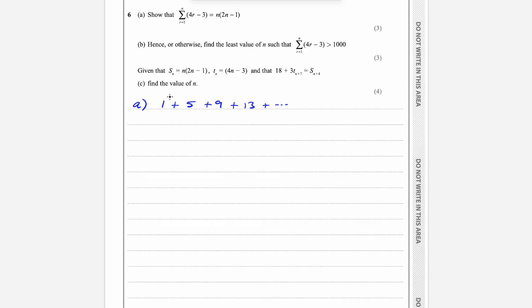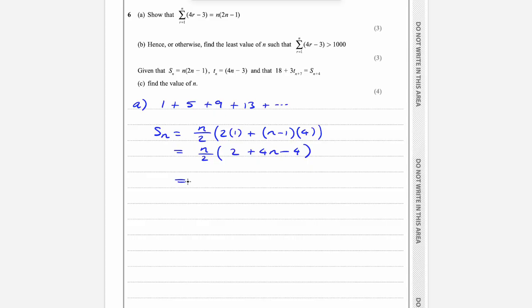The sum of an arithmetic sequence, S of n, is equal to, formula in the formula sheet, guys, n over 2, 2a, 2 times 1, plus n minus 1 times d, which is 4. Okay, n over 2, brackets, 2 plus 4n minus 4.